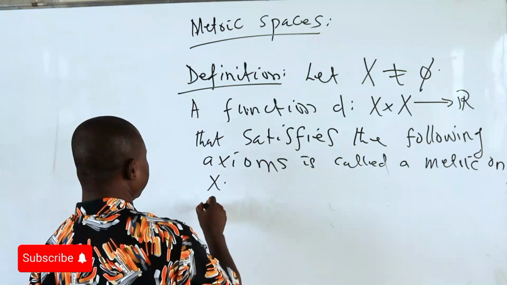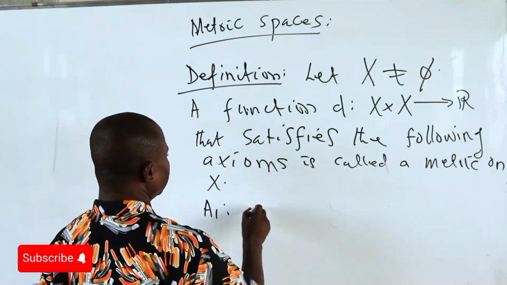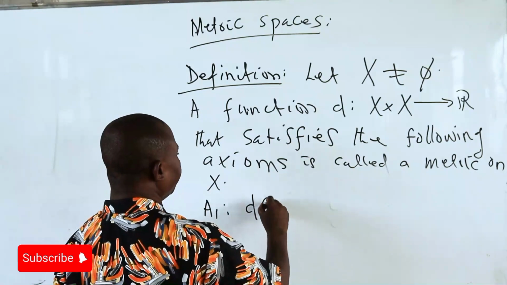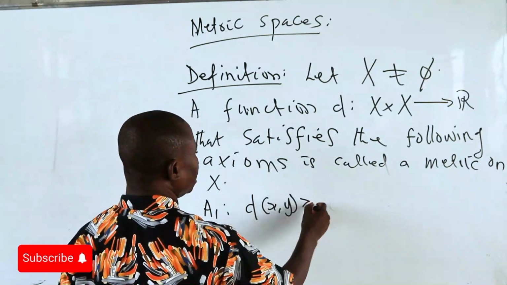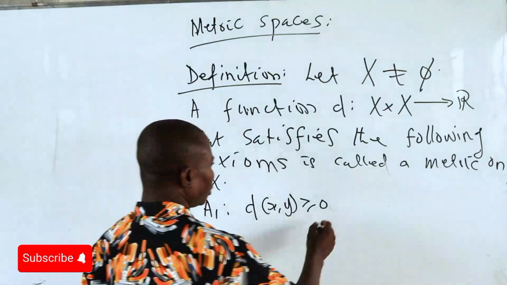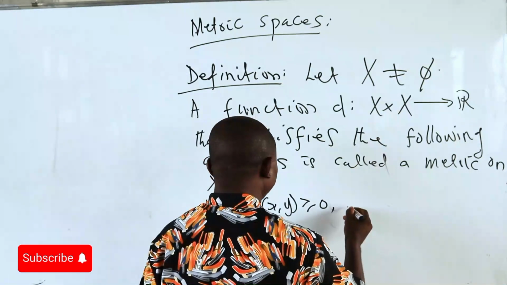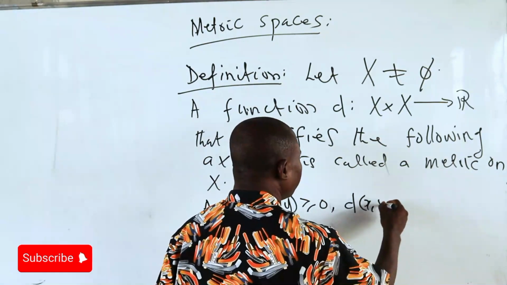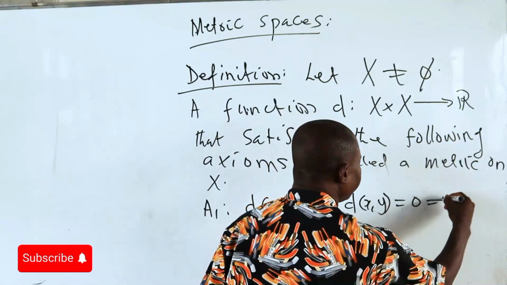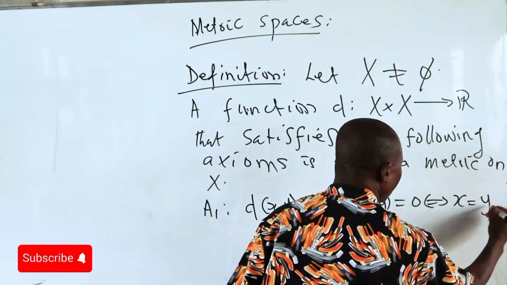One, I simply write A1: d of x, y is non-negative, with the condition d(x, y) is 0 if and only if x is equal to y.